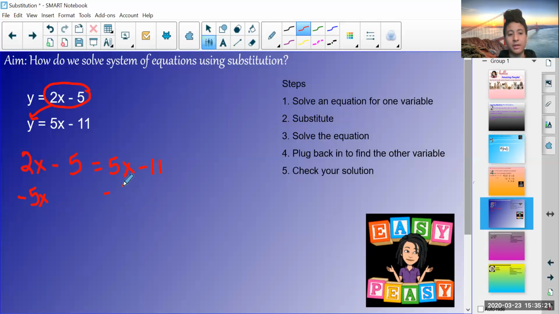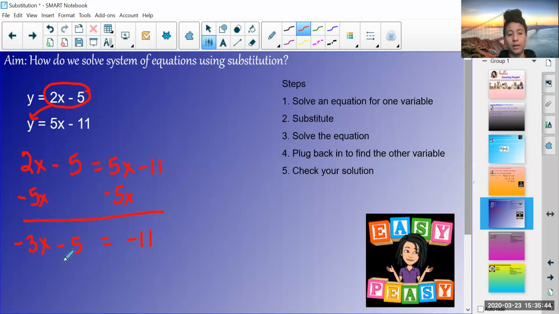This is minus 5x here. Better, all right? 2x minus 5x is negative 3x. I'm going to bring everything else down. Minus 5 equal to, remember we have to carry down those signs that are in front of those numbers or terms, okay? Now I have all my variables on this side.